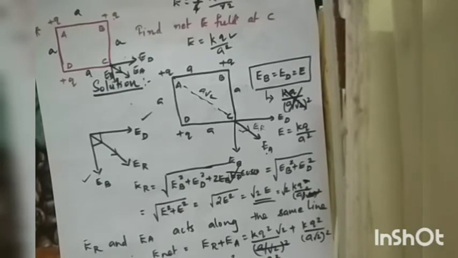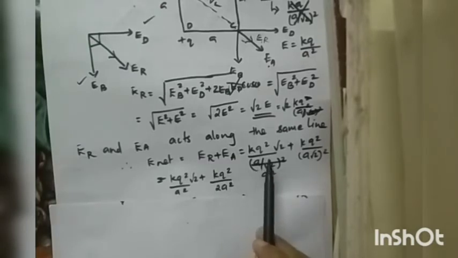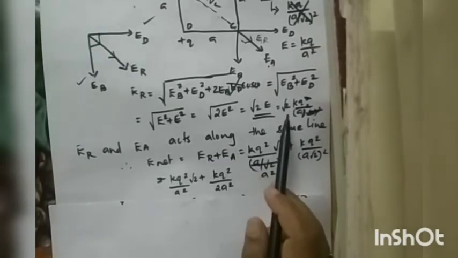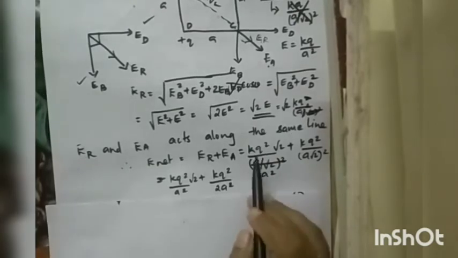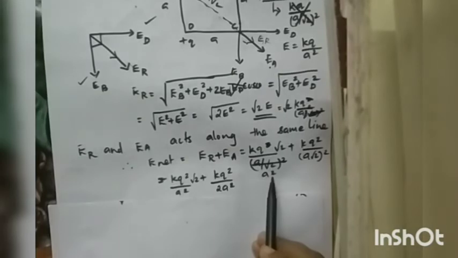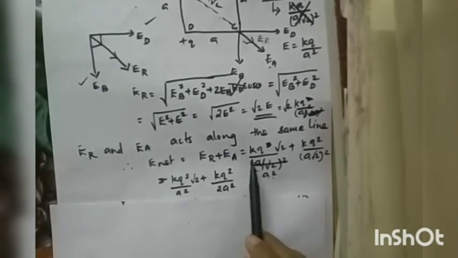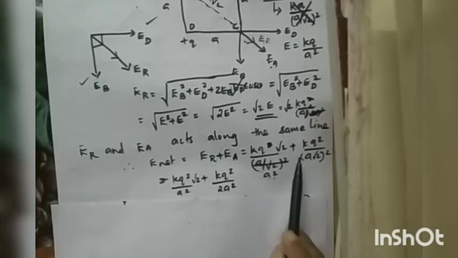What is ER? ER is root 2 KQ by A square, written here: root 2 KQ by A square plus, what is EA?